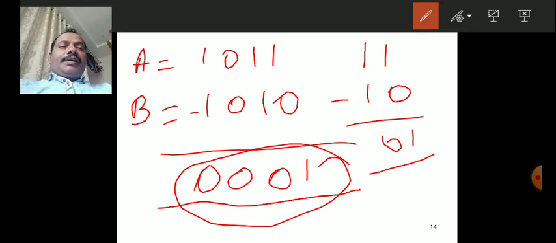Let us verify this by applying these inputs to the circuit.